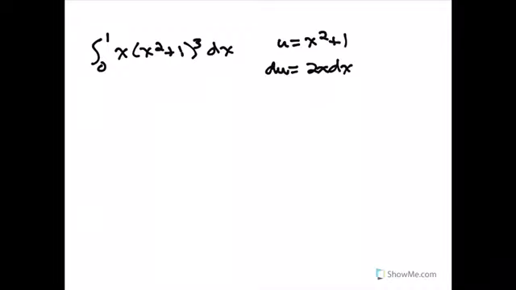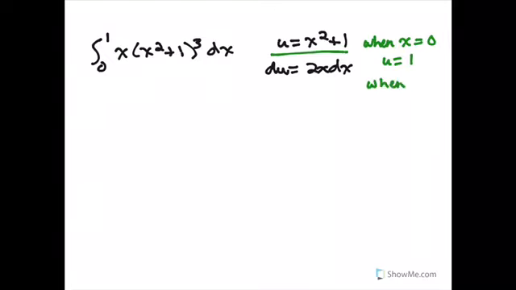All of that's the same, but for my limits, when x equals 0, if I plug that in here, that tells me u would be 1. My limits change when I'm in terms of u. And when x equals 1, u equals 2.